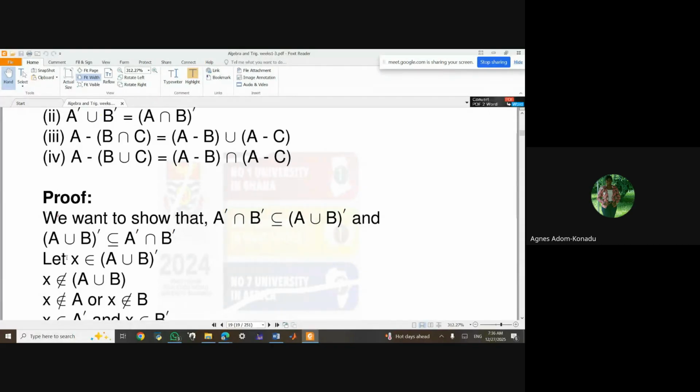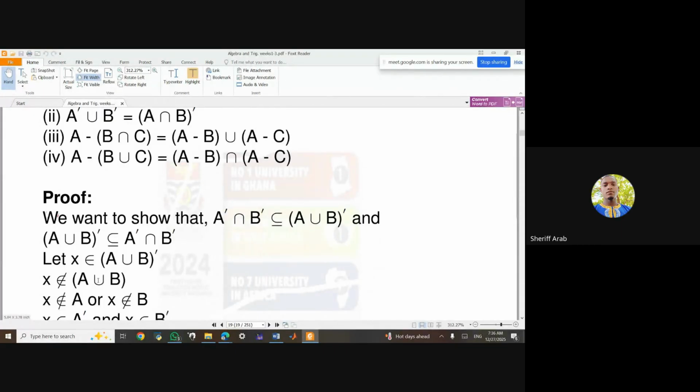So I let X be in A union B complement. So I'm starting from here. If X is in A union B complement, then we know that X cannot be in A union B. Do you agree?